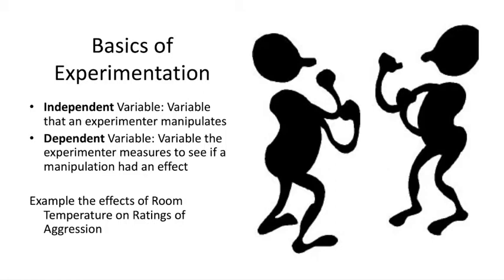So in this particular example, the independent variable, the thing that I manipulated, that I tweaked, was the room temperature. And it had 2 conditions: the first condition of 22 degrees, and the second condition of 30 degrees, which is scalding really if you're inside a small room.